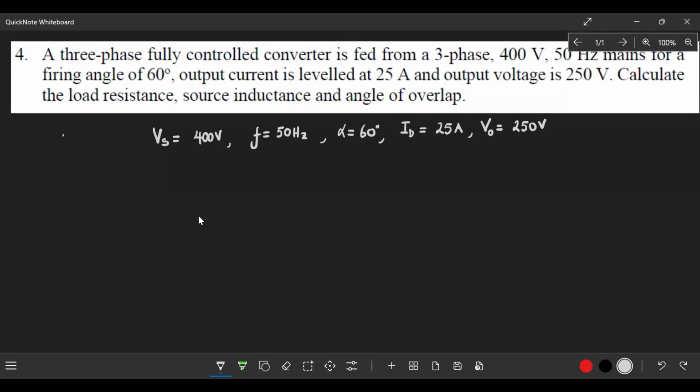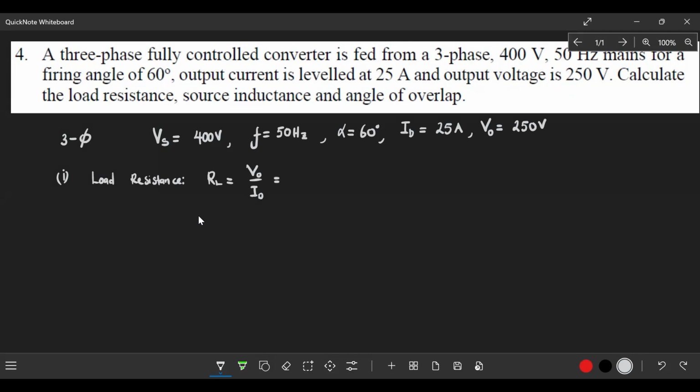Of course, we know this is a 3-phase. So the question, I'll call this part A, is to find the load resistance. So how do you get the load resistance? Since we know the current, the load resistance will be just equal to the output voltage divided by the current.